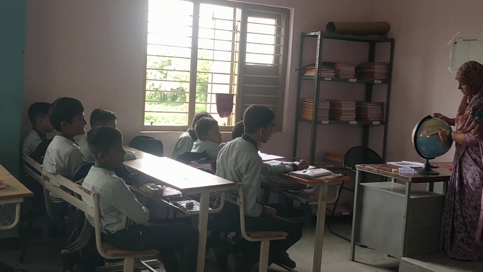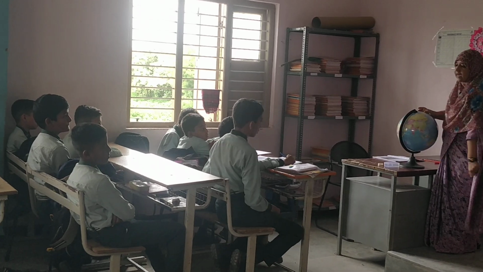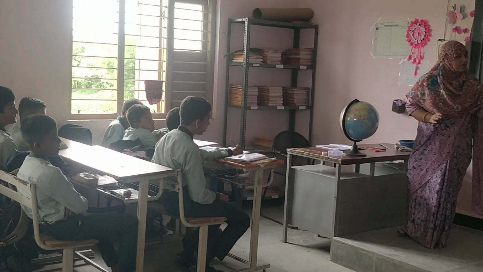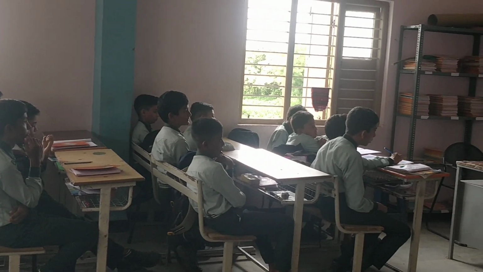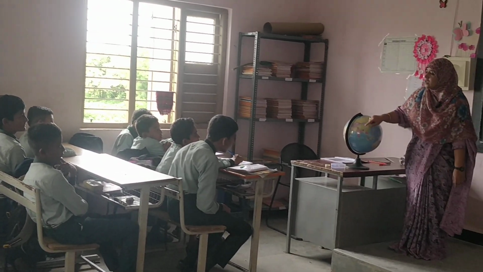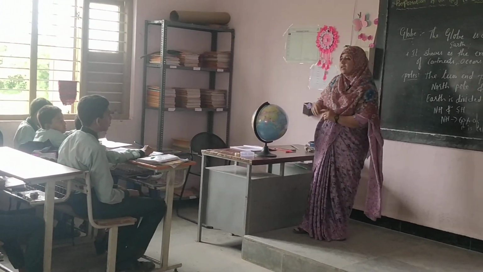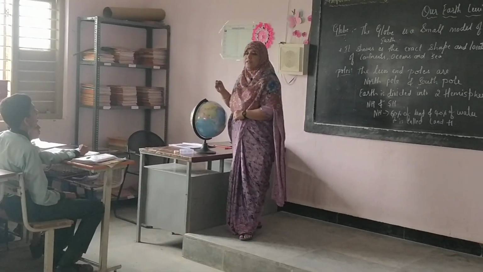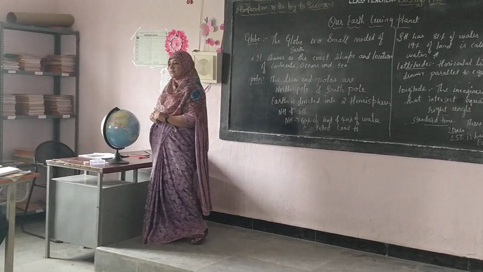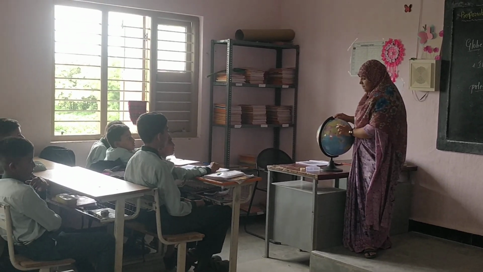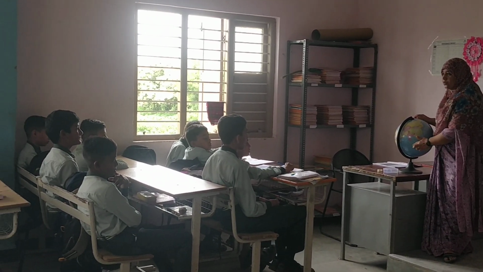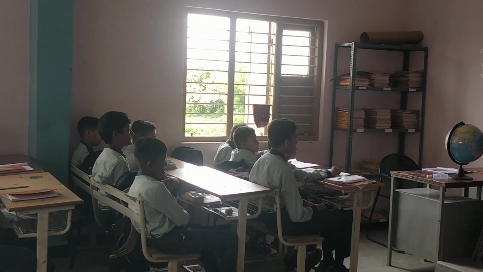India is present here. Here one line passes, that is 82.5 degree longitude. By that line we are finding our time zone. What's the time now? 12:25. According to 82.5 longitude, we are keeping our time zone.